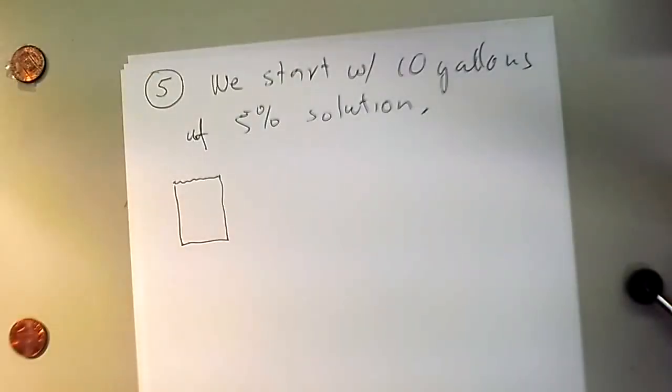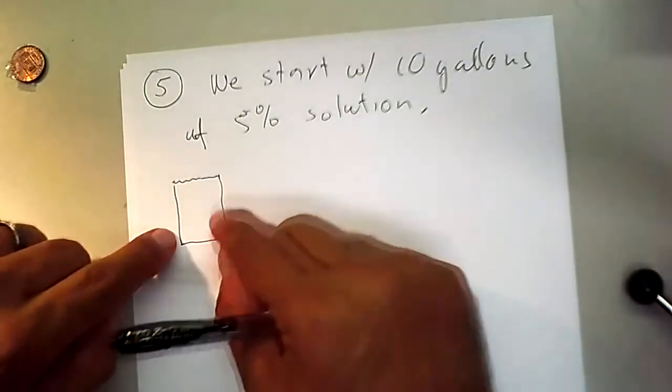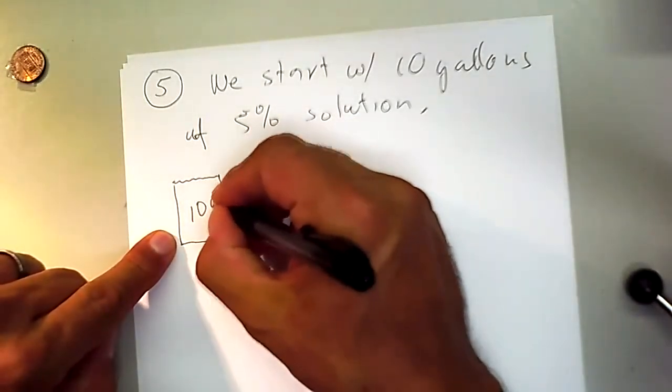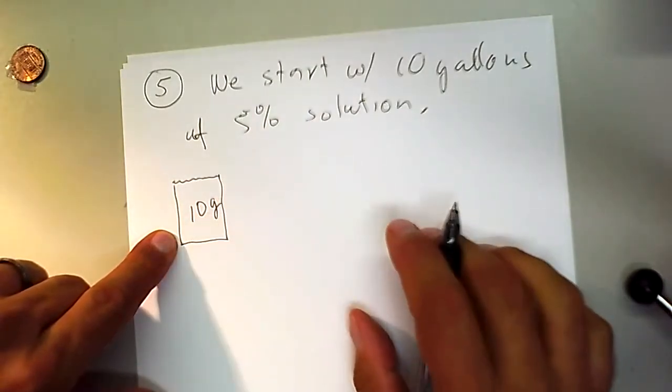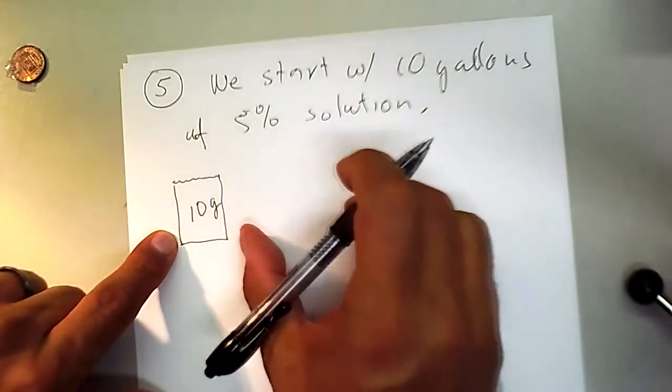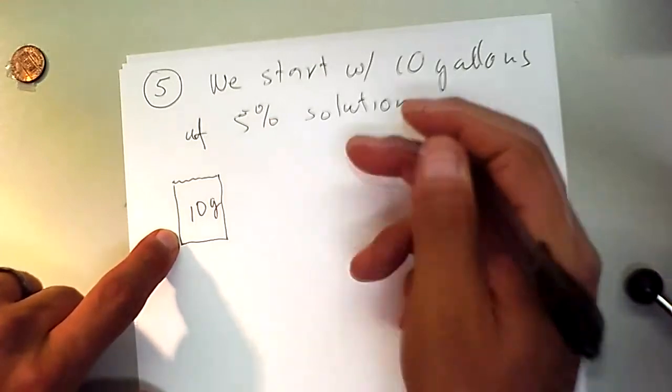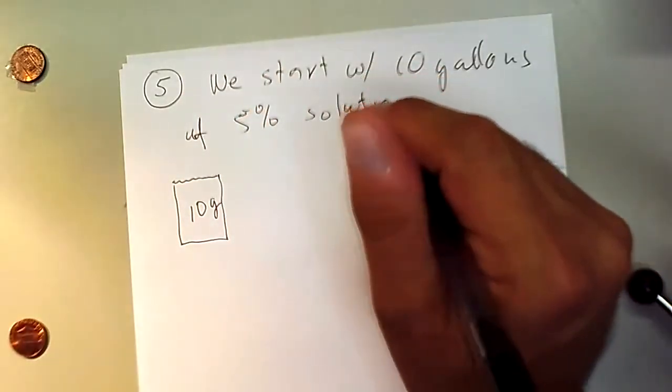But let's add a constraint to this. Let's pretend you have a container that holds 10 gallons and that's it. You have smaller containers, but you don't have a big container. So we can't keep adding more to it.